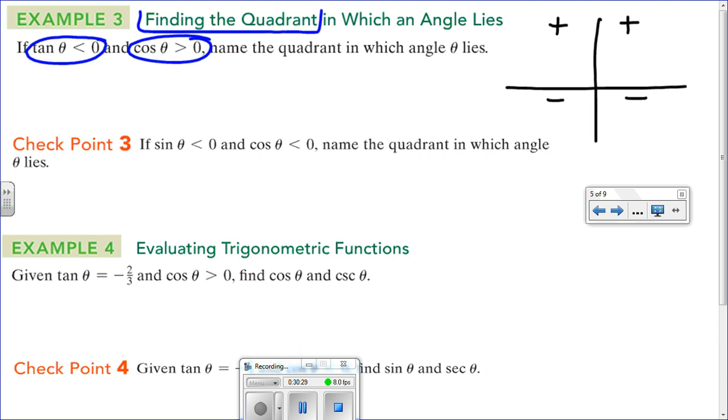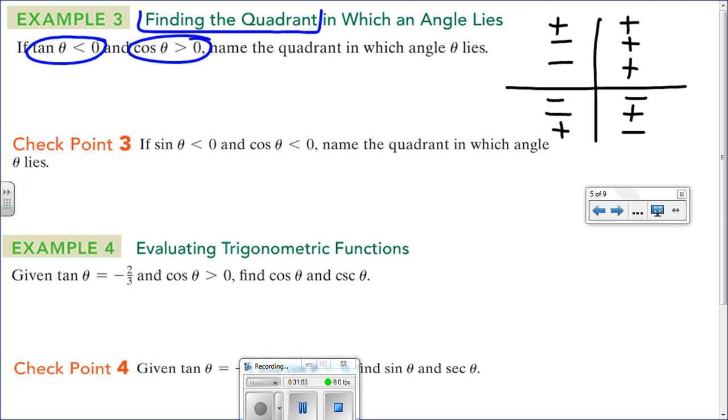The x is positive in quadrants 1 and 4 and negative in quadrants 2 and 3. For tangent, we divide. So negative divided by negative is positive, and negative divided by positive is negative.